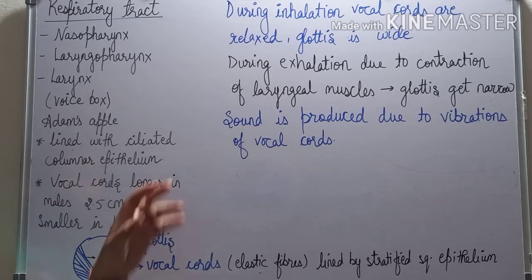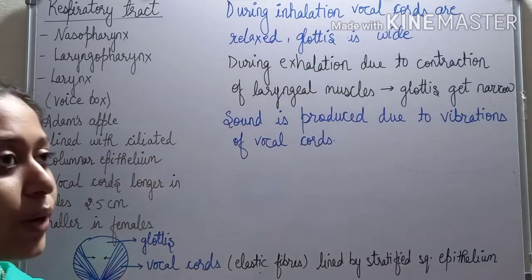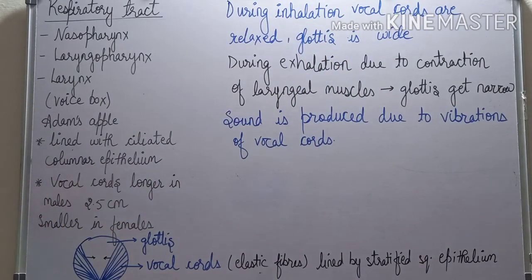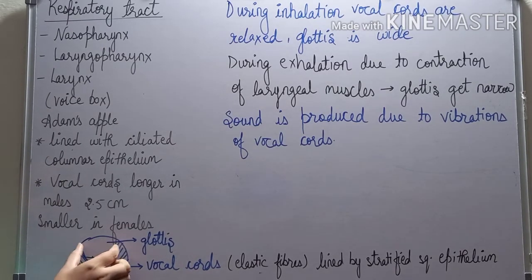See what happens during inhalation: vocal cords are relaxed and the glottis is wide. When we inhale air, the vocal cords are in a relaxed position and the glottis is wide. But when we exhale, that is when we breathe out, due to contraction of the laryngeal muscles, the glottis gets narrow.